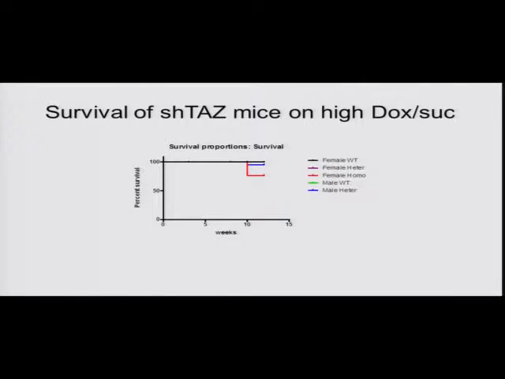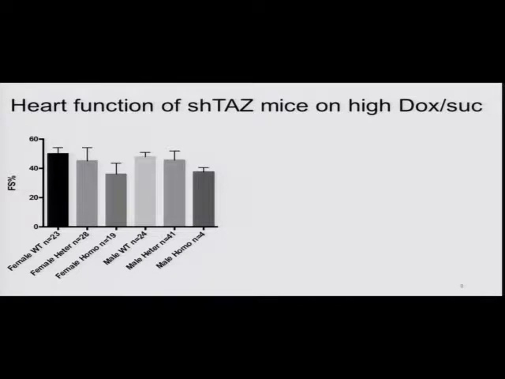And we found that in the female homozygote, the survival rate is lower than the wild type or other groups. Then we look at their heart function, beginning with the female side. Compared to the wild type female, the female homozygote has a dramatically lower fractional shortening, which is the marker of heart function.